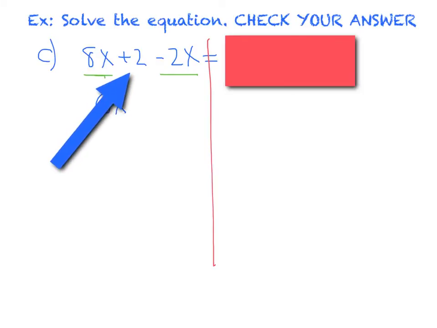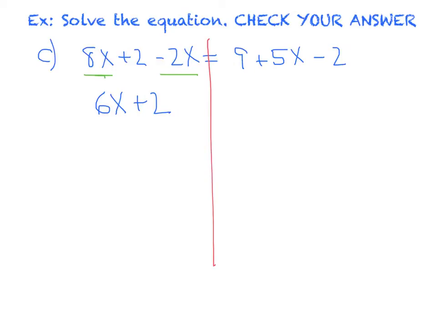This plus 2, since there's no x, does not have a like term. So we simply drop it right down in the problem. So we've got plus 2. The left-hand side is now simplified, so we can bring this back into the problem.